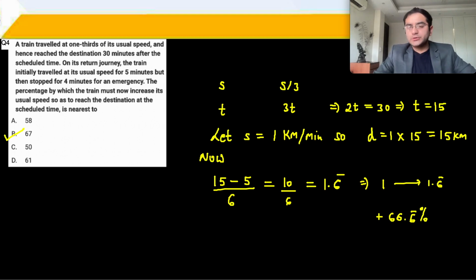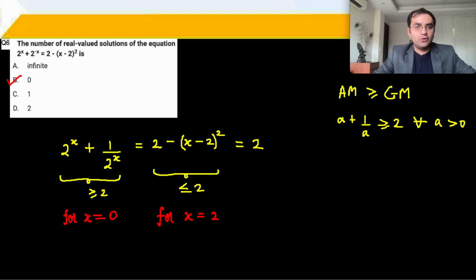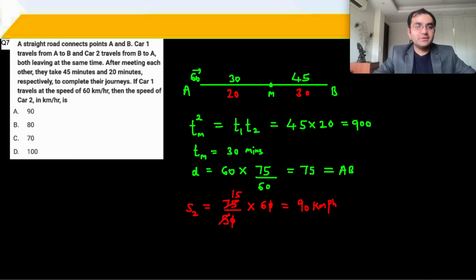If you could not use proportionality, then by basic TSD rules also you could have solved it. 5th was basic properties of logs, nothing fancy at all. 6th, I can understand that AMGM might have made it a little difficult.